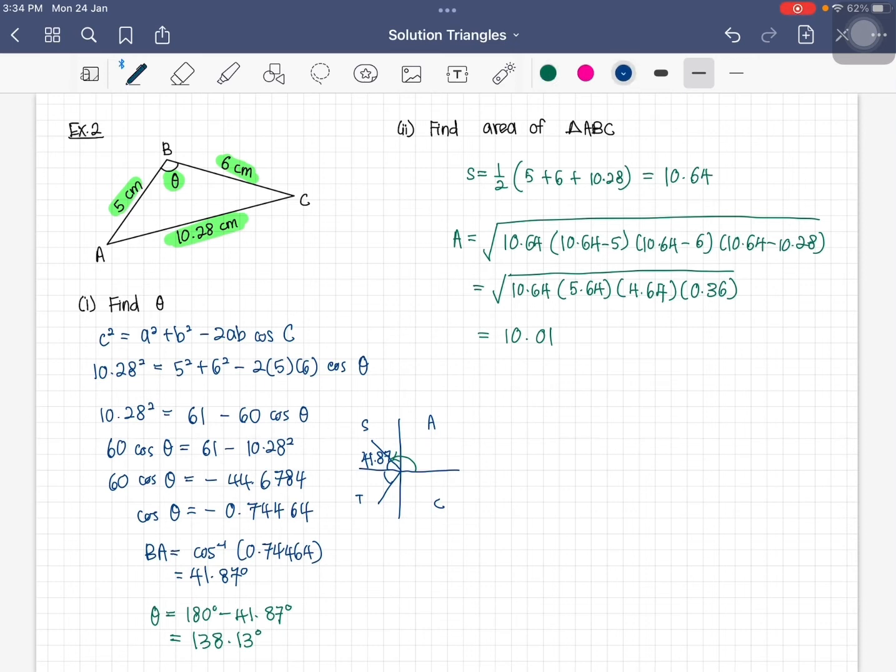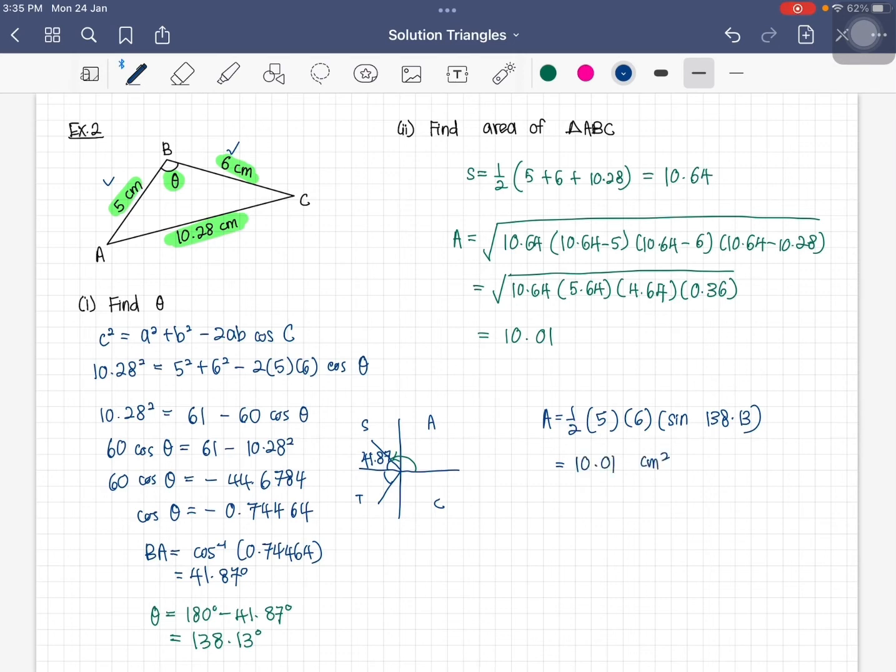Suppose you want to check your answer whether you used Heron's formula correctly or not, you can try half of ab sine C. In this case a, b are 5, 6, and you find the sine of 138.13, and then you actually get the same answer, which is 10.01 centimeter squared.